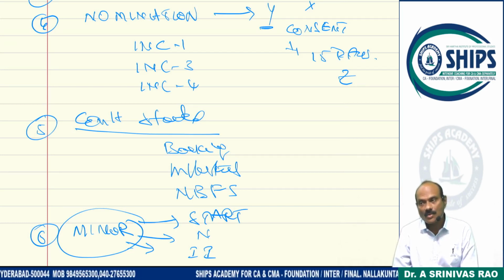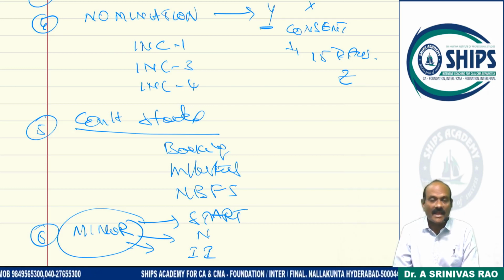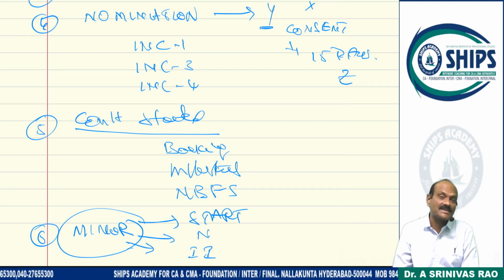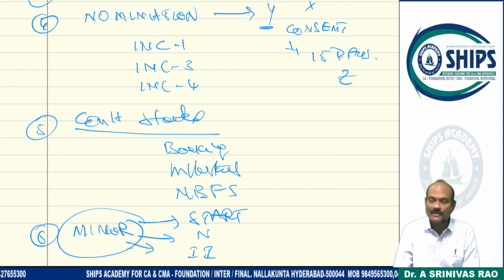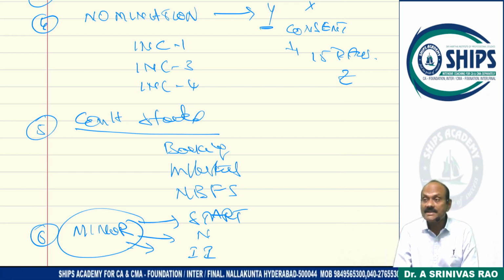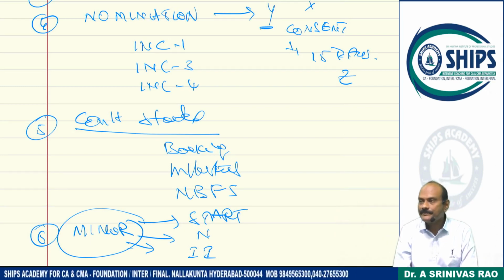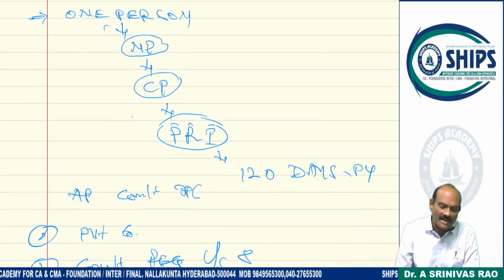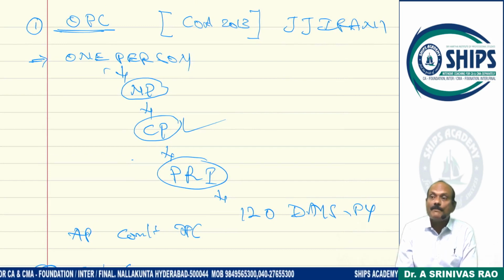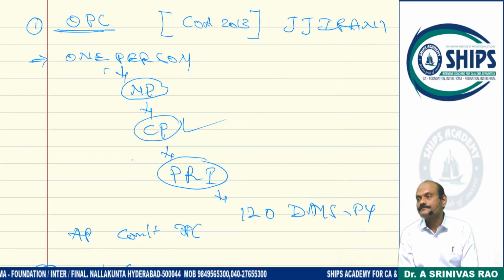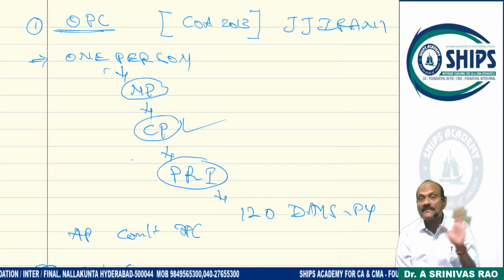Answer is no. Please remember. Third, can a minor have insurable interest over the company as a beneficiary? A minor is totally out of OPC. That's why in the very first concept I told you, he must be a competent person.